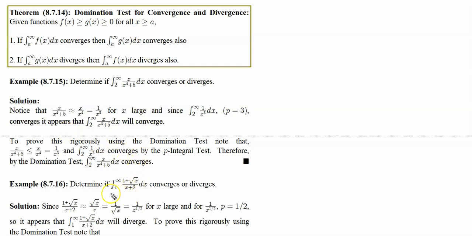Now here we want to determine if this integral converges or diverges. Let's take a look at the integrand here and get a feeling for whether we think this should converge or diverge, and then we'll prove it using our test.